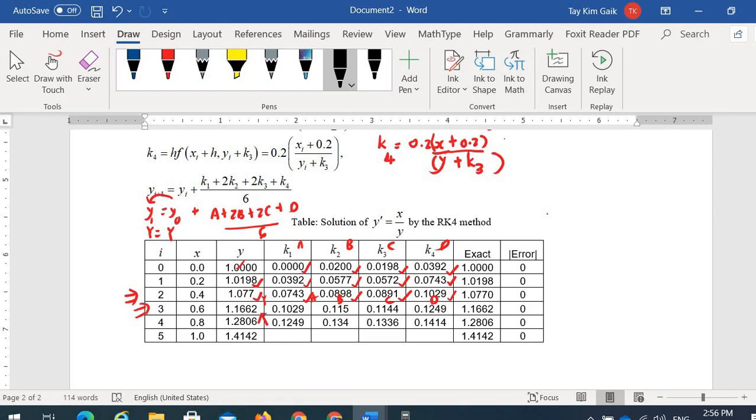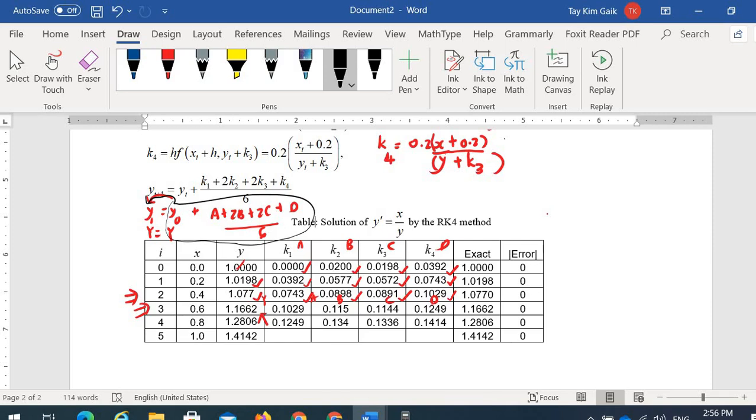So the value that we calculate on the right hand side here will be stored in Y. When I want to calculate K1 again, the X value is there because of K4, X plus H over 2 will get the next X. The Y value is updated, so K1 is obtained just by pressing equal.